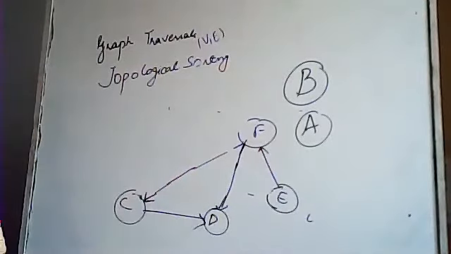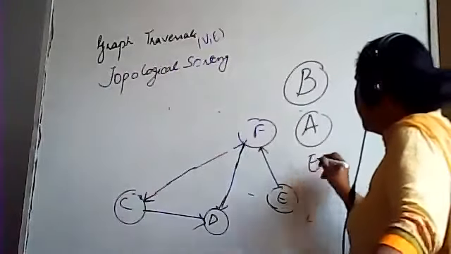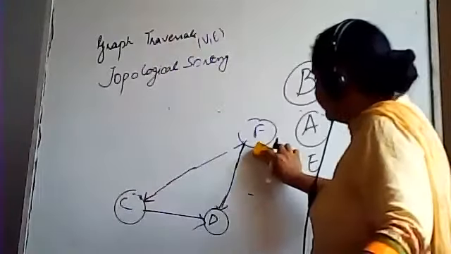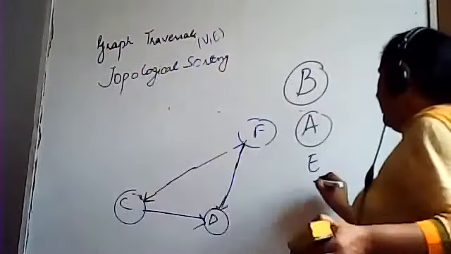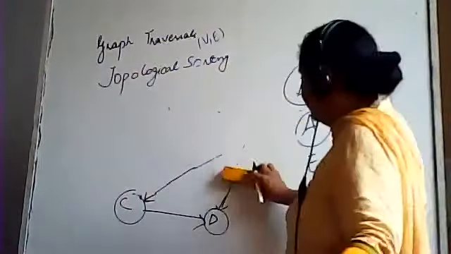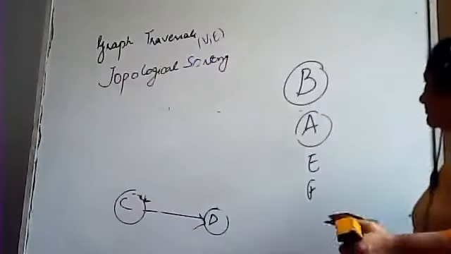Next. B A is done. Then E, because it has no incoming edges. Now F. Remove F, no incoming edges. Now C.